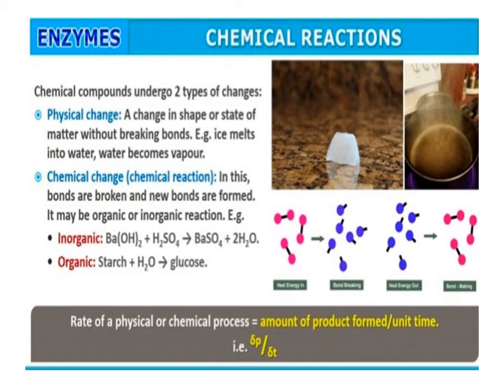Second, chemical reaction: when bonds are broken and new bonds are formed during transformation, for example, inorganic Ba(OH)2 plus H2SO4 gives BaSO4 plus 2H2O, or organic, starch plus H2O gives glucose. The rate of a physical or chemical process refers to the amount of product formed per unit time. It is expressed as rate equals delta P upon delta T.